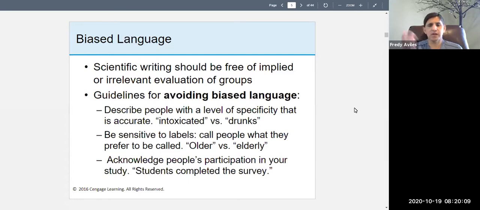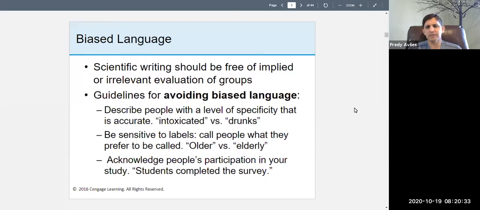If you have anything about sexual orientation, there are proper labels for that, whether it's homosexuality, heterosexuality, things like that. You don't use those other derogatory terms that other people like to throw around, which tells us that they don't like those kinds of people. Okay. Don't write that way. Don't be that way.